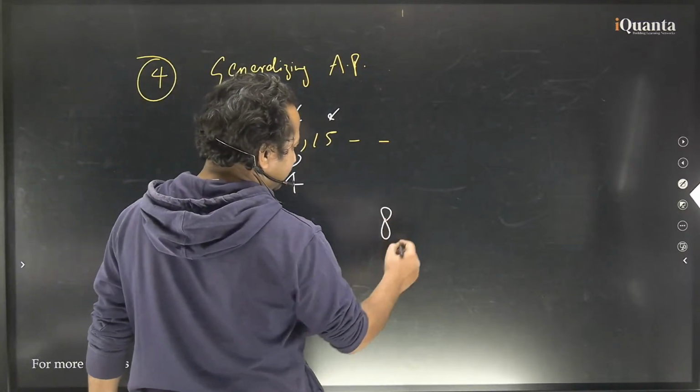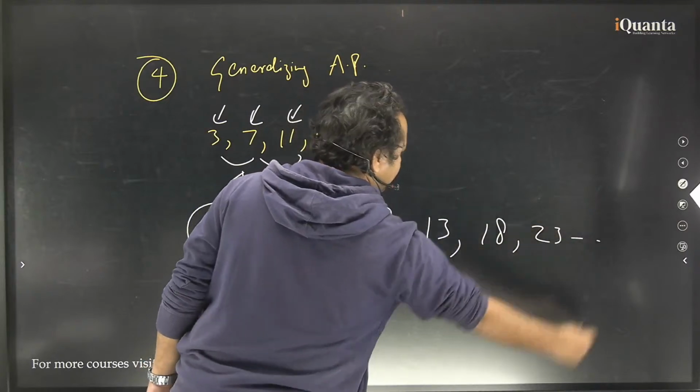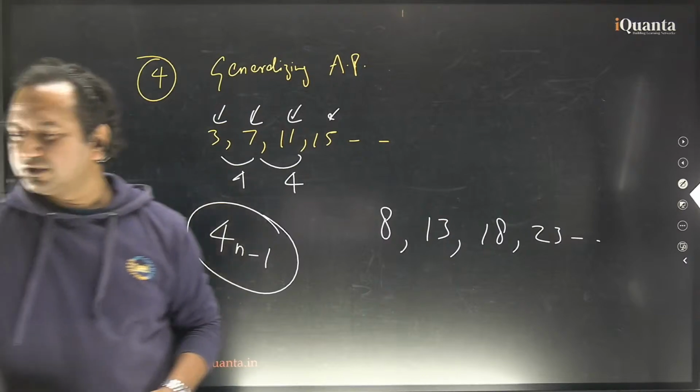One more example like this. 8, 13, 18, 23 and so on. Tell me the general term, come on. General term, what will it be?